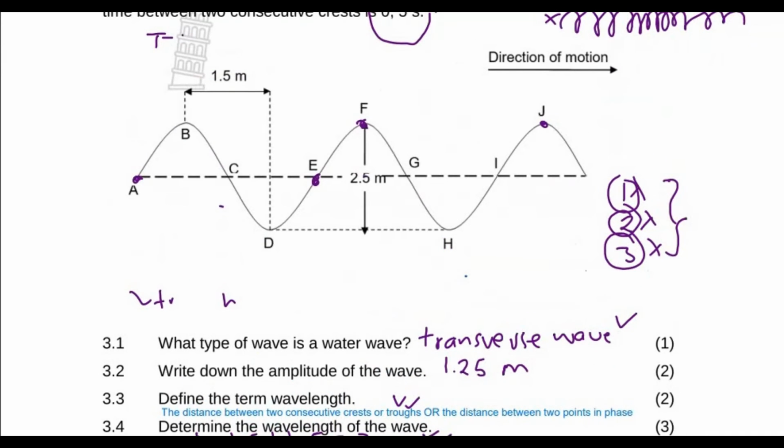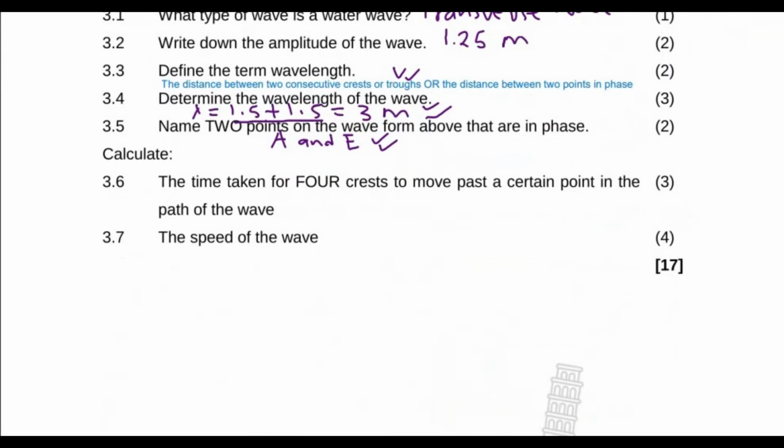A and E, correct. So now we need to calculate the time taken for 4 crests to move past a certain point in the path of a wave. 4 crests.